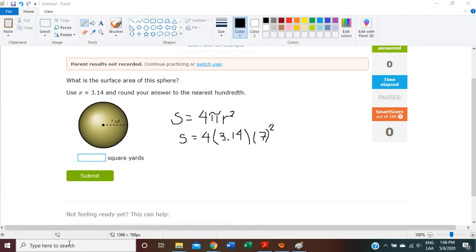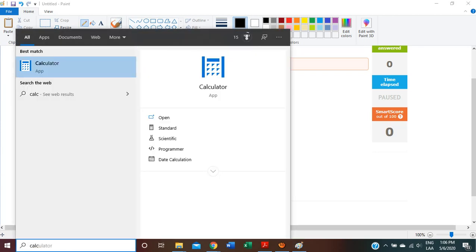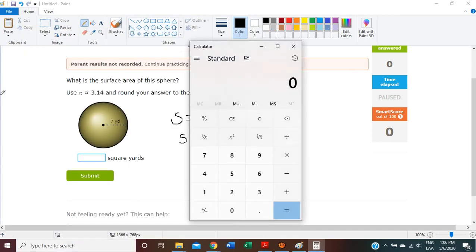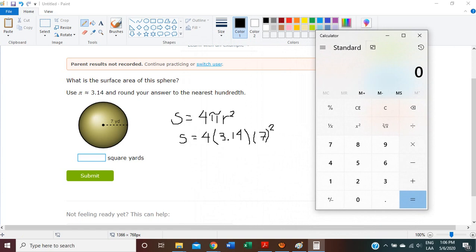I'm going to open the calculator and solve these operations. Remember, the first thing I am going to do is the exponents. 7 times 7 equals 49 times 3.14 equals this times 4 equals this.